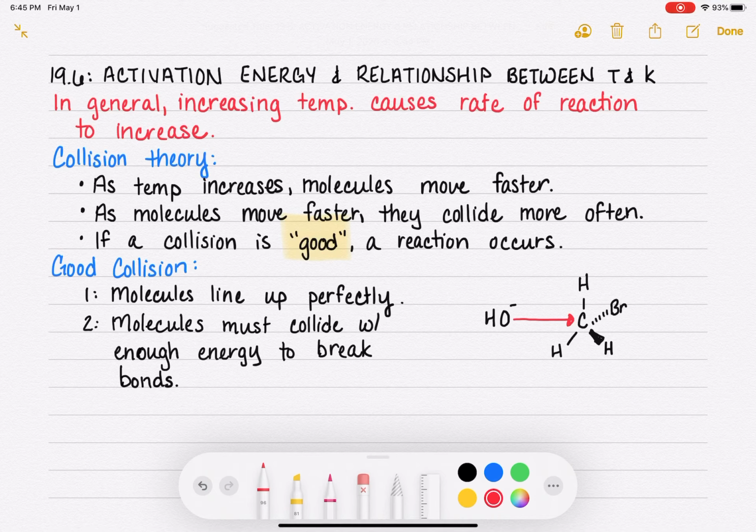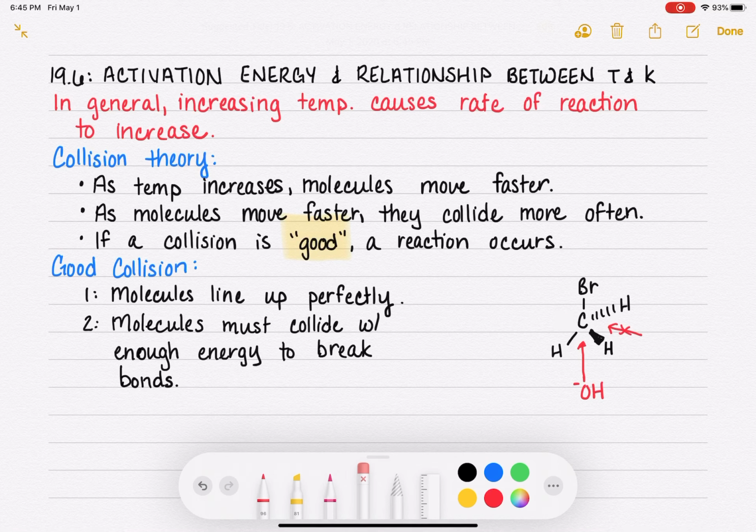I feel like my drawing probably isn't conducive to showing that. I'm going to modify my drawing a little bit. I'm going to put the bromine up here because I think it's easier to show the oxygen lining up just right. So the oxygen has to come in and hit the carbon from this angle. It could not collide from this angle or from a different angle. Those collisions would not be lined up correctly.